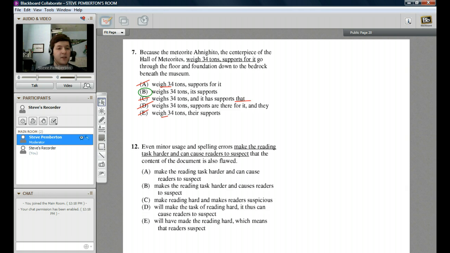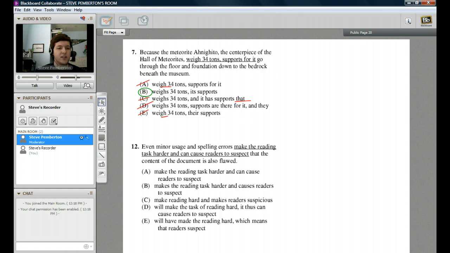So number 12. Even minor usage and spelling errors make the reading task harder and can cause readers to suspect that the content of the document is also flawed. Okay? Looking at the answers again, at the beginning where many errors occur, or at the end, we see that they change around the word make and makes. So it's a subject-verb issue. Let's make a decision on it, which one's appropriate.